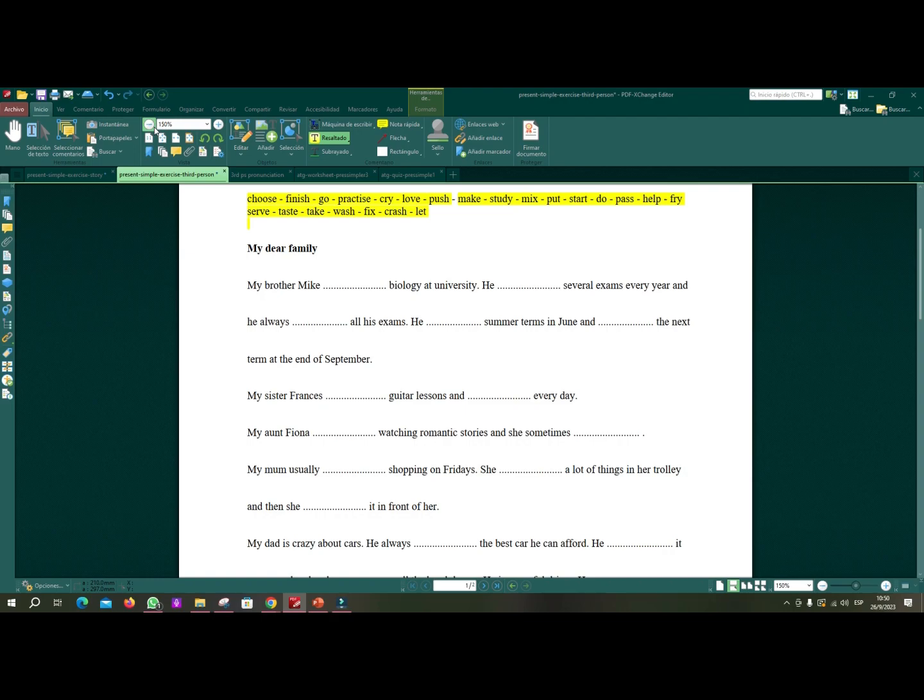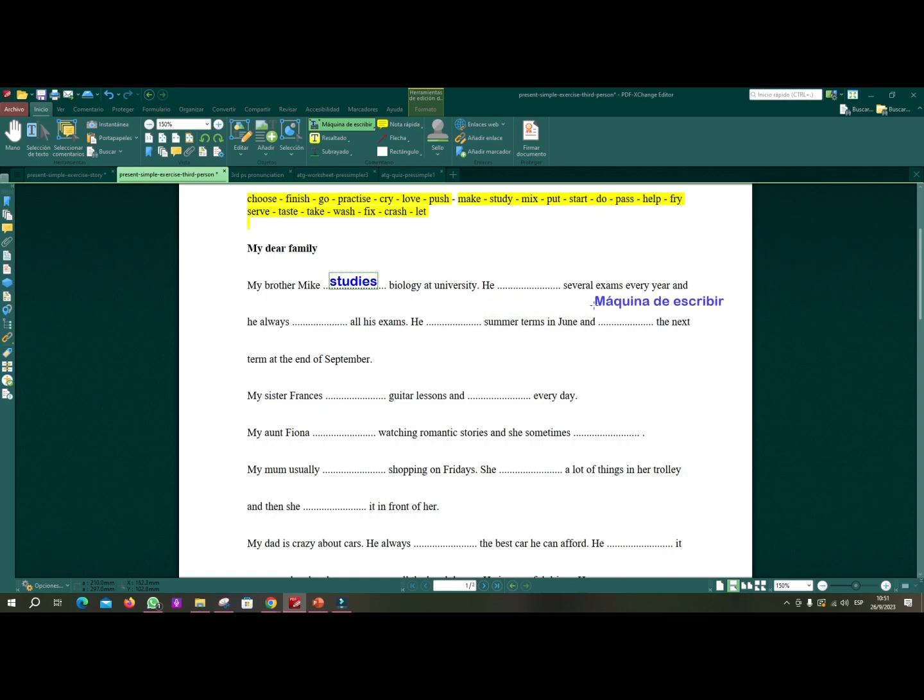¿ok? So, let's start with the first part. It says, my dear family, my brother Mike, right? Biology at the university. So we can say, my brother Mike studies, right? Biology at the university.